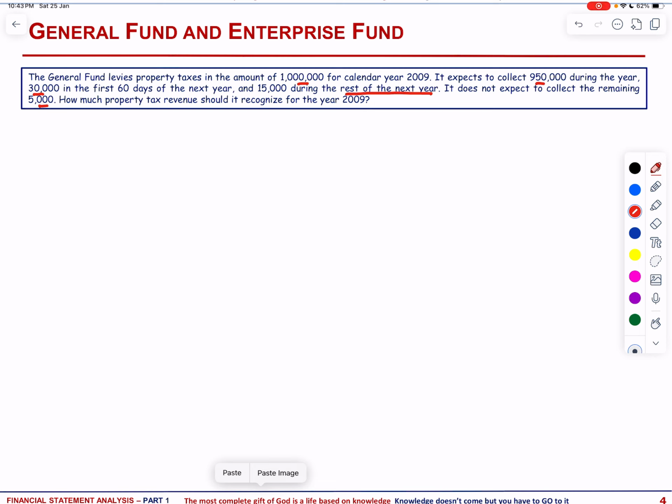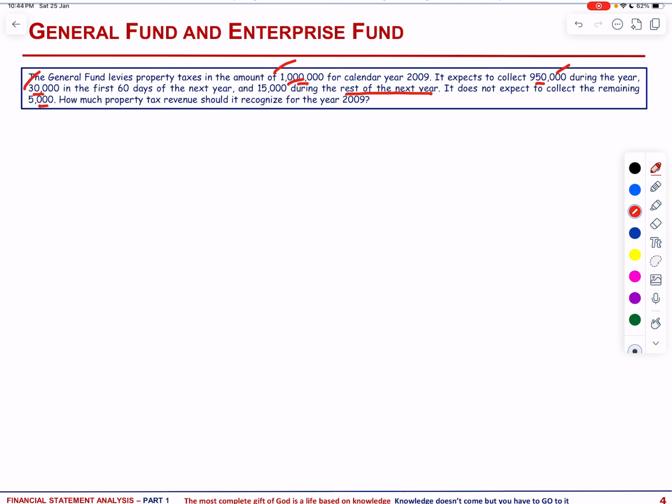The total property tax levied is 1,000,000. During the year 2009, 950,000 is going to be collected. In the first 60 days of 2010, 30,000 will be collected, and during the rest of 2010, 15,000.